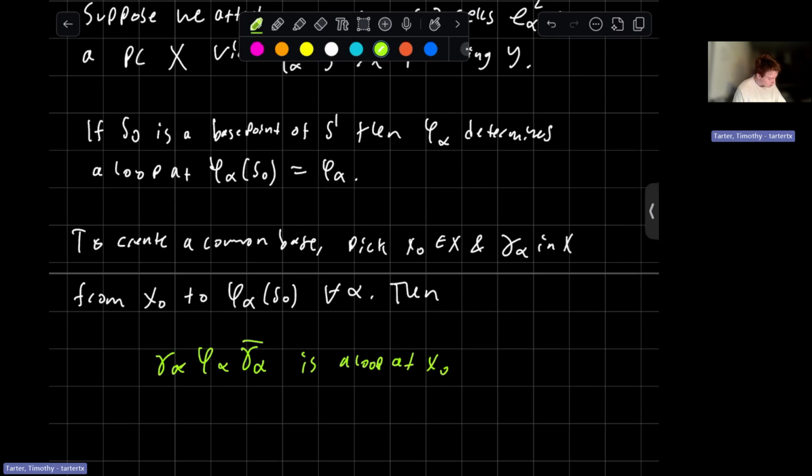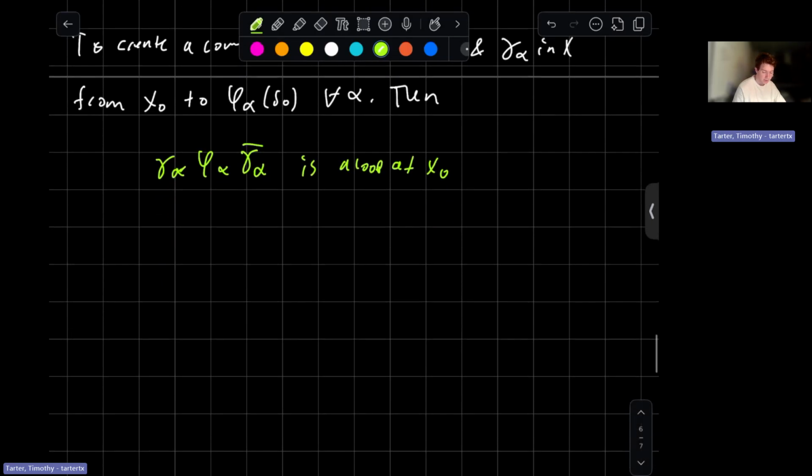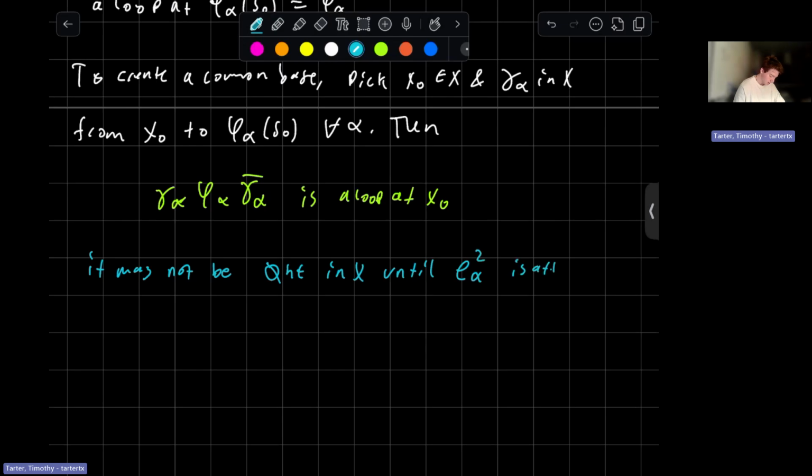This loop may not be null homotopic in X, but it will certainly be null homotopic after the cell is attached. So it may not be null homotopic in X until E^2 is attached.